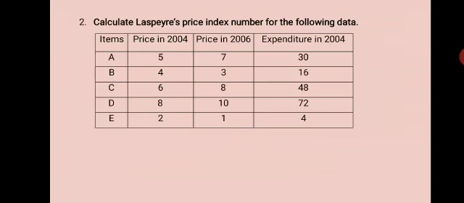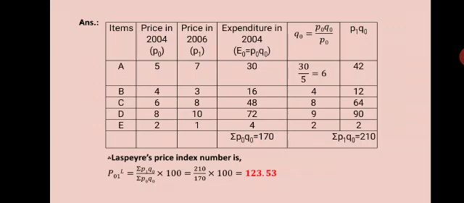Here 2004 is the base year, 2006 is the current year. Price in 2004 we are going to denote as P0. Price in 2006, that is current year, we are going to denote as P1. Then expenditure in base year, that is 2004, is denoted by E0, which is nothing but P0 into Q0.